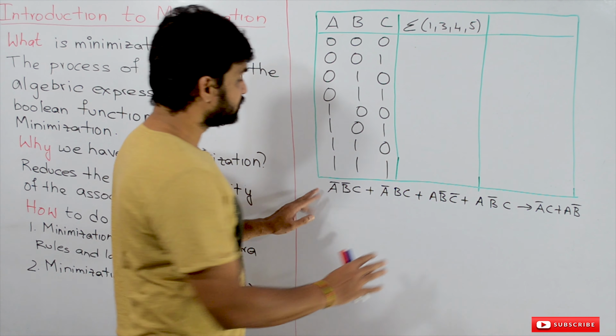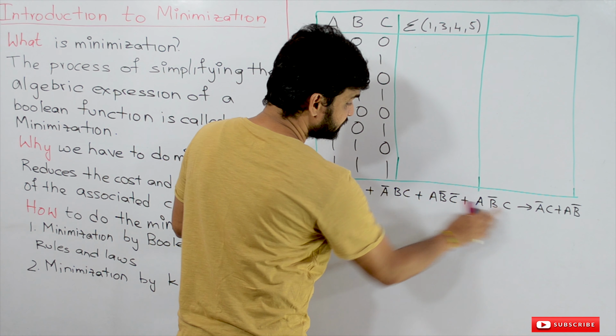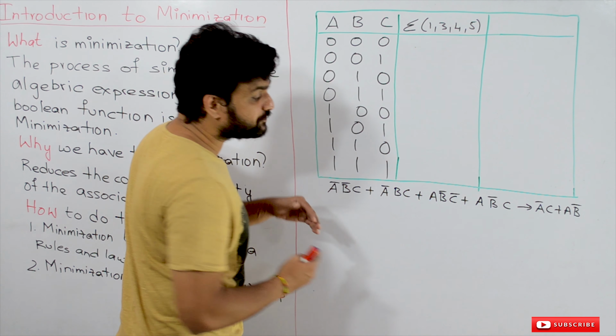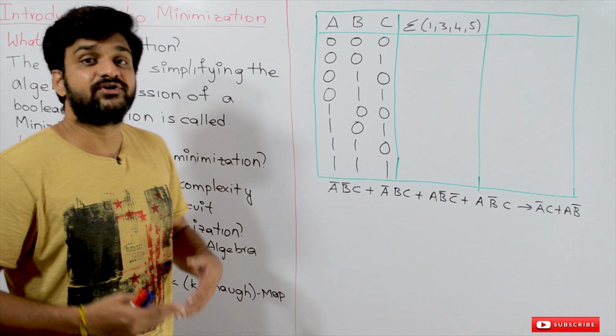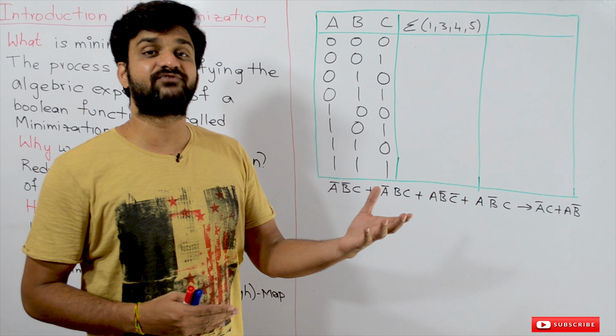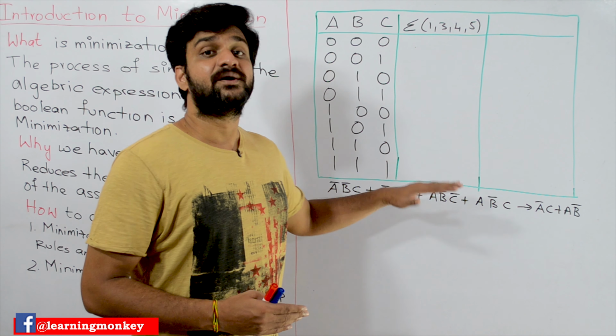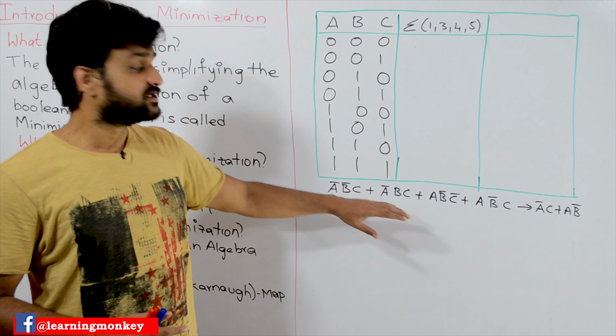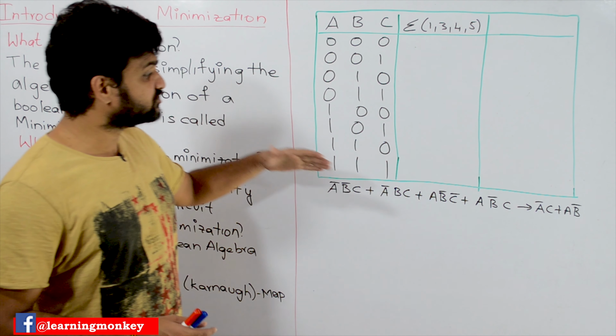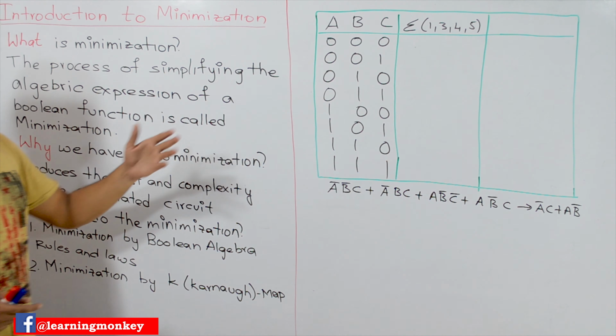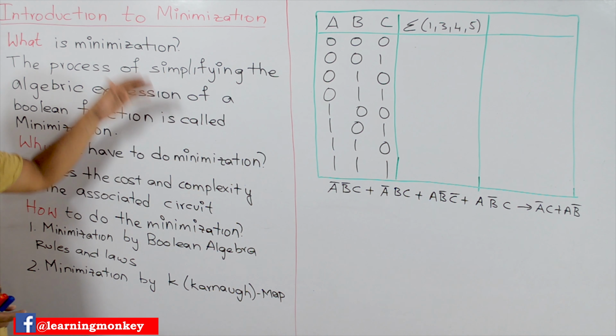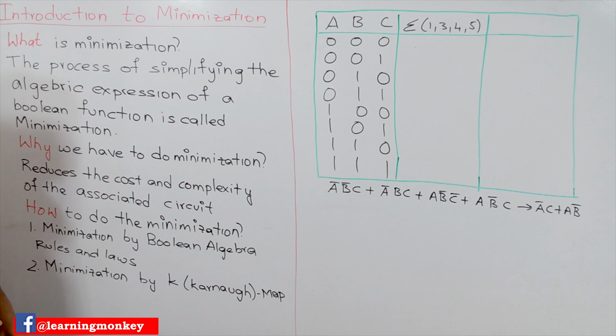So this boolean function has to be minimized, and the process by which we minimize the boolean function is what we call minimization. The complete understanding of minimization you will get by understanding all these concepts.